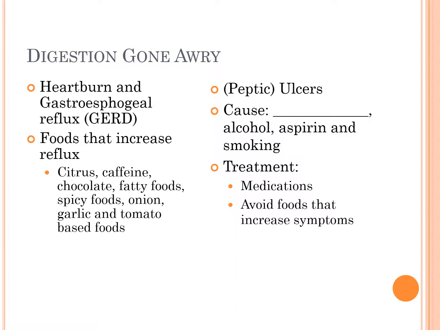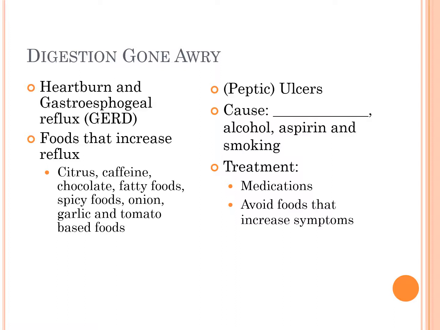There are some foods that are known to increase our tendency towards reflux. These include citrus, caffeine, chocolate, fatty foods, spicy foods, onion, garlic, and for some people, tomato-based foods. We also talked briefly about how the hydrochloric acid and the mucous membrane sometimes fails to protect the stomach, and the stomach will actually begin to auto-digest itself.